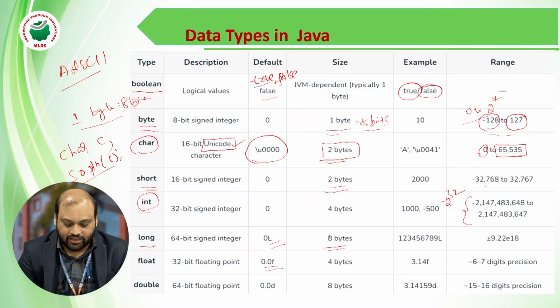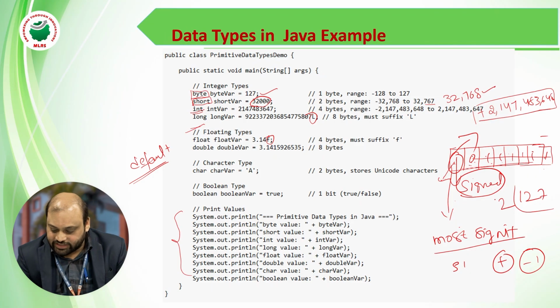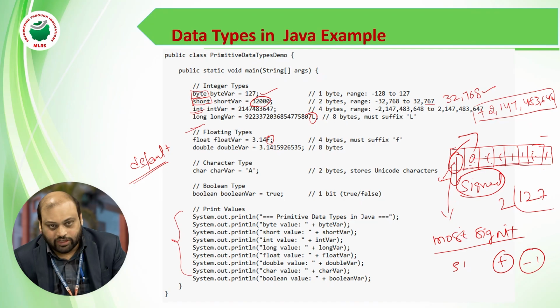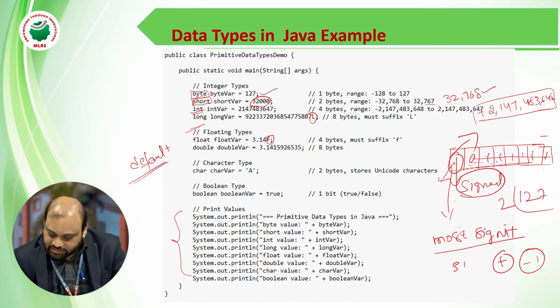The way of declaring is this, and here the size is this. The way of storing inside memory is equivalent to binary, where the first 7 bits are the data, and the last 8th bit, the most significant bit, is the plus or minus sign.